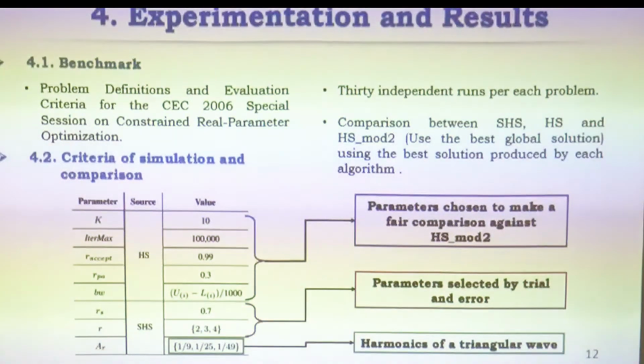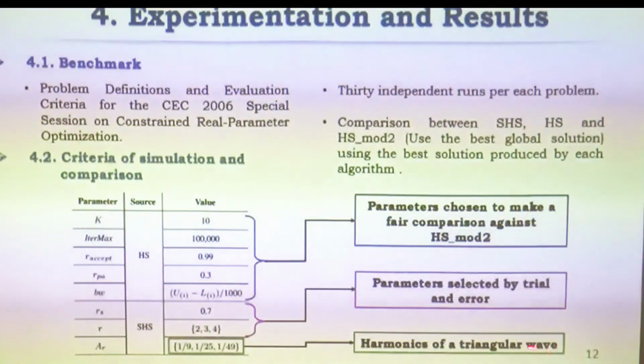For experimental results, we use the benchmarks for the CEC 2006, and the simulation parameters were chosen for a fair comparison against other algorithms in the literature that use these parameters.